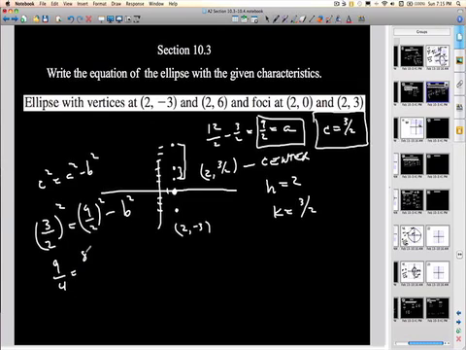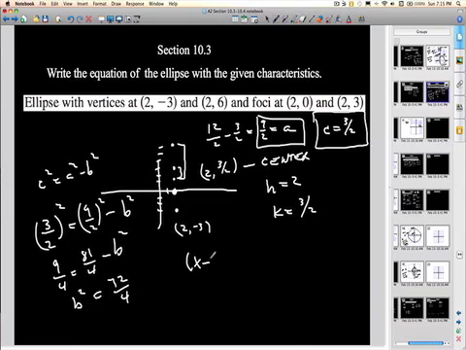When I square this, I'll get 81 fourths. If I add b squared and subtract 9 fourths, b squared is equal to 81 fourths minus 9 fourths. That's 72 fourths.